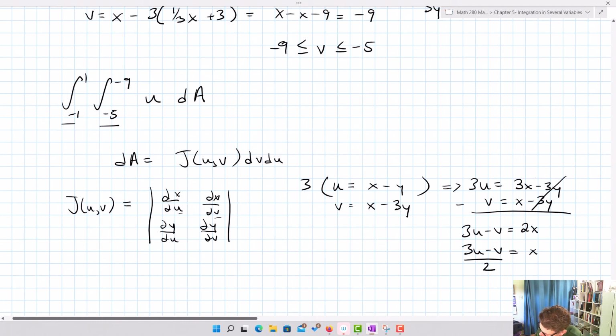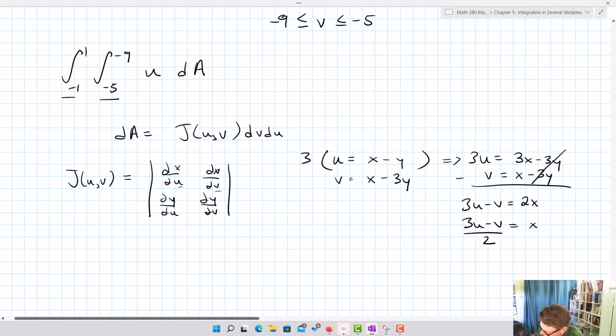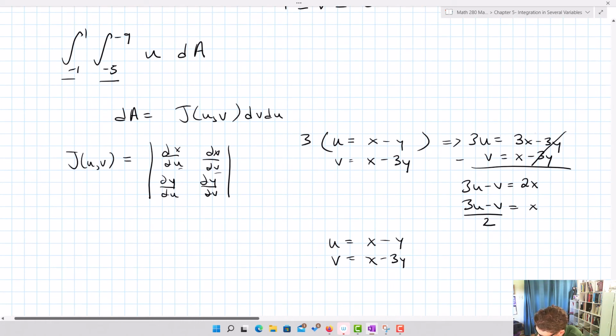Now we'll do the same thing for y. We have u equal to x minus y again, and v equal to x minus 3y. We subtract the two of those. We get u minus v equals, these two cancel, and then negative y plus 3y is 2y.